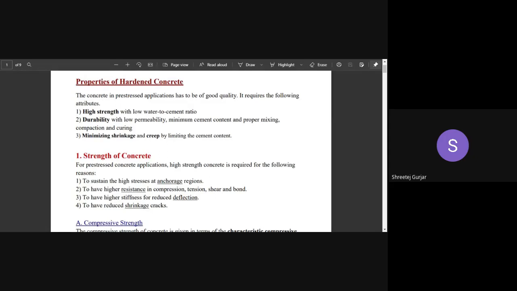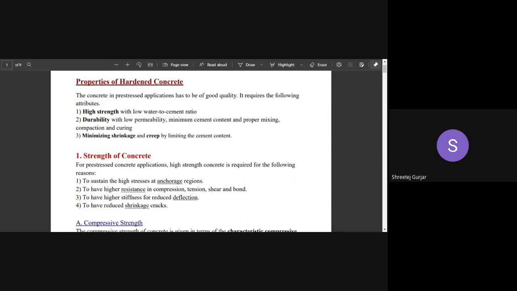Coming to your next important thing, it should be durable. It should have durability with low permeability and minimum cement content, and it should have proper compaction and curing. These are required for good durability properties. As your structure starts to age, problems occur.